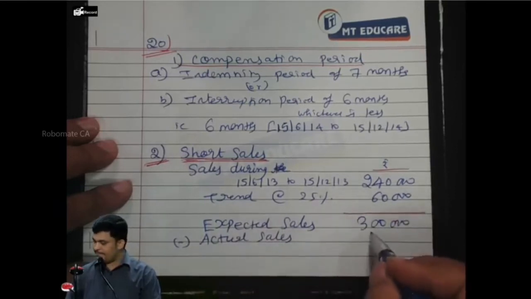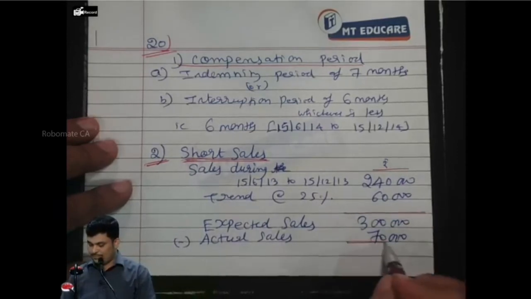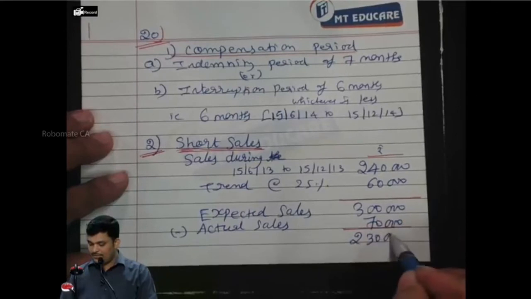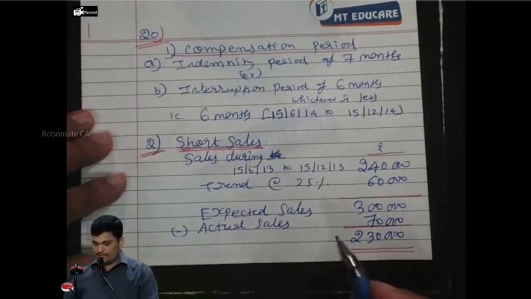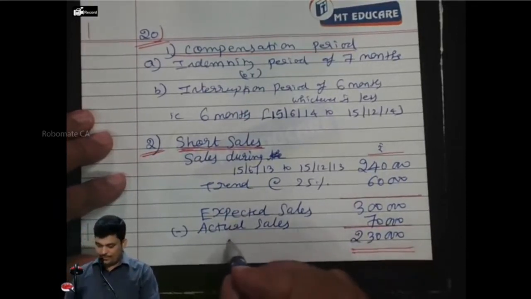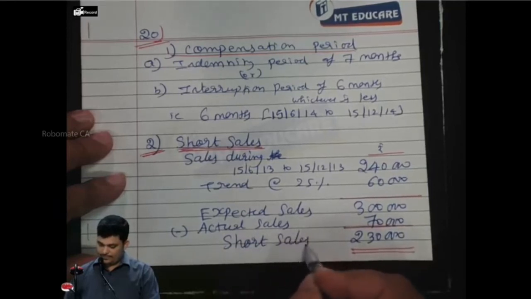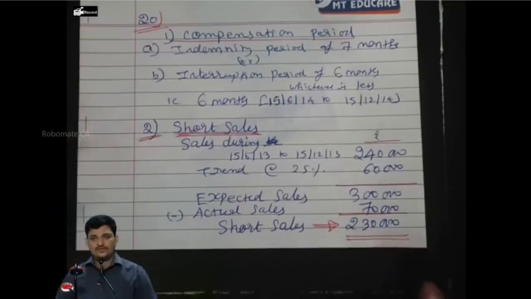How much? 70,000. Okay, fine. 2,30,000. 2,30,000 is what sales? Short sales. Short sales is 2,30,000.